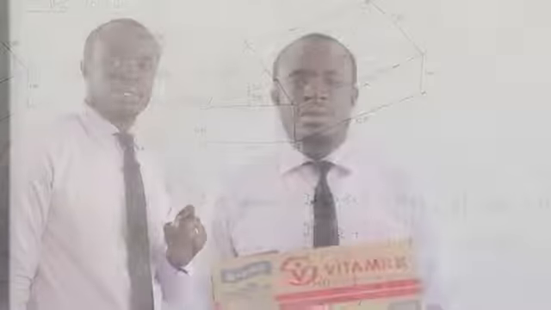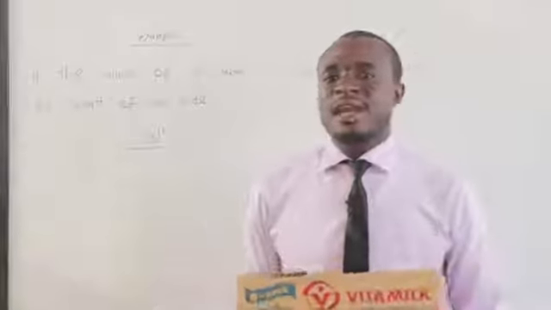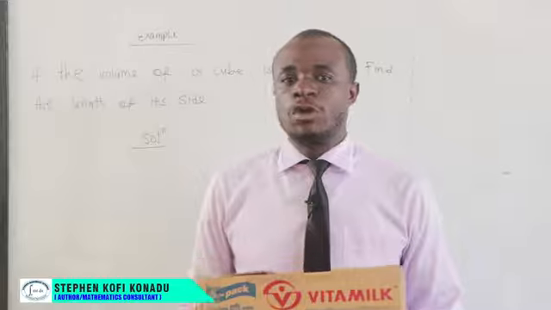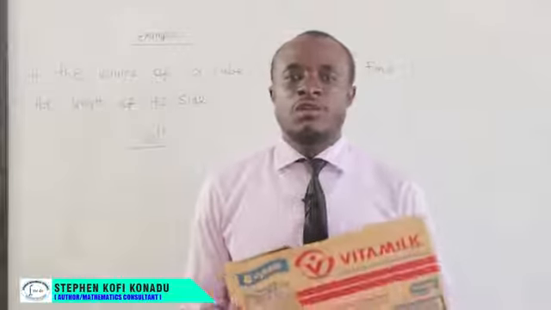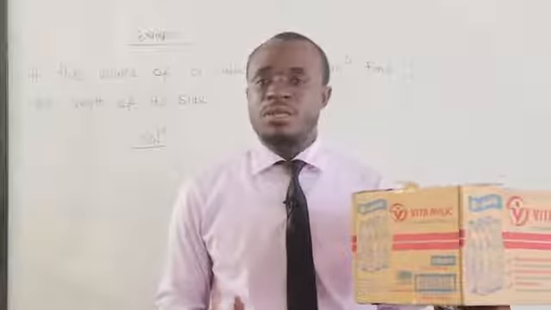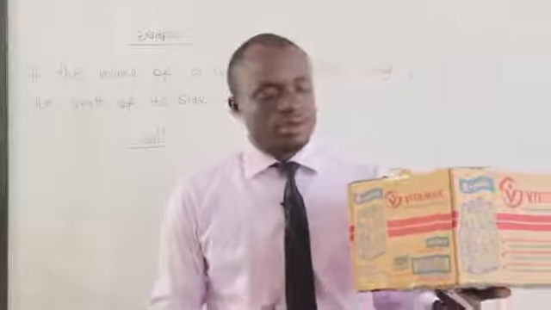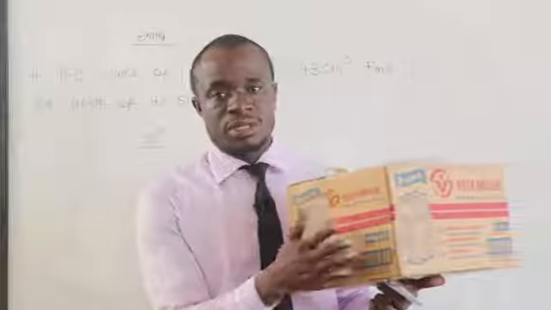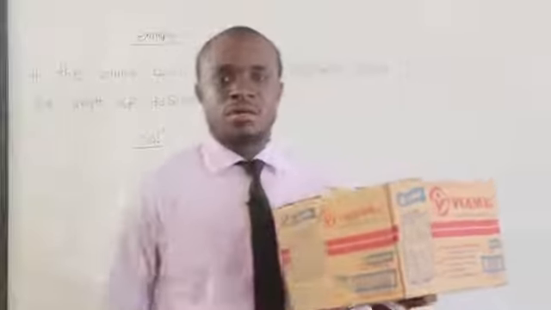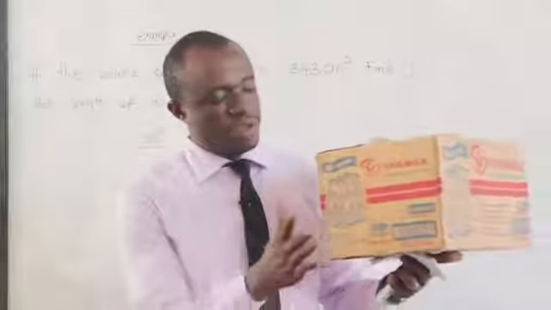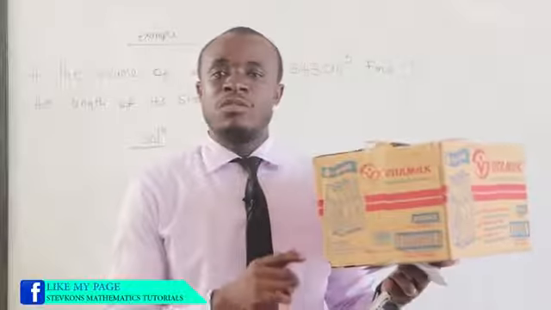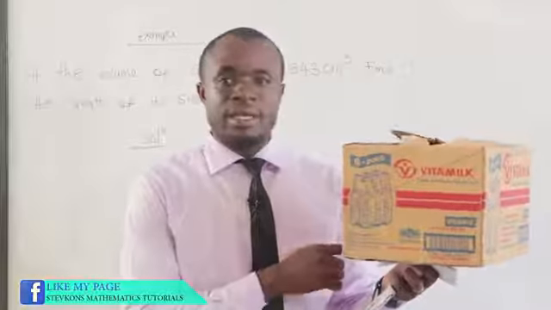Now let's consider finding the capacity, that is the volume of a cuboid. The volume of a cuboid is its capacity. How do you find it? We see that it is the cross-sectional area times the length. So this is the cross-sectional area. You can find the cross-sectional area and then we multiply it by the length.